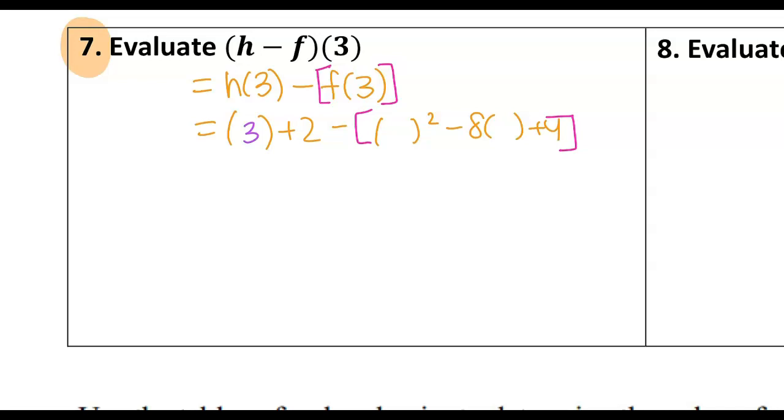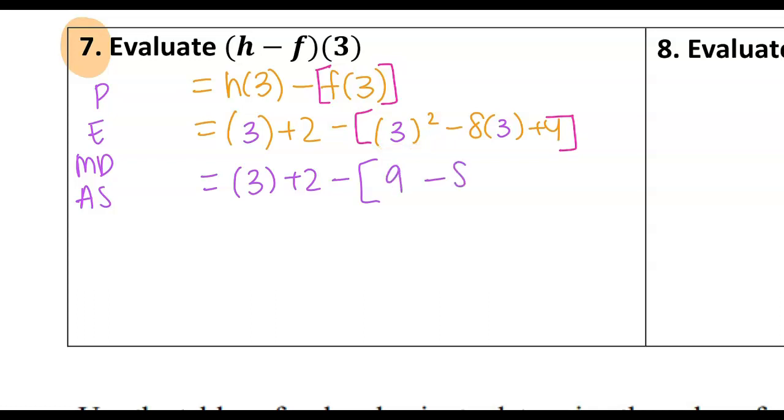In the parentheses for x, we're going to substitute in a 3. What I would recommend doing, guys, is using PEMDAS to simplify. So we're just using order of operations. When I say PEMDAS, I'm really talking about this second half of the problem because you have a lot of things that you're adding, subtracting, multiplying. So I'm just going to keep the parentheses, 3 plus 2 minus. The first thing I notice is you have a 3 squared. So I'm going to deal with that 3 squared to make it 9.